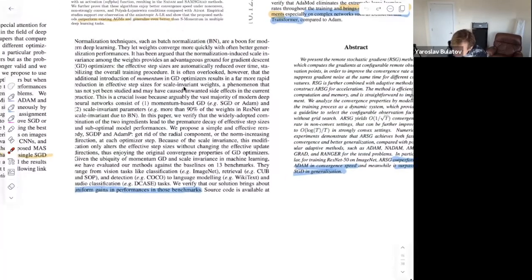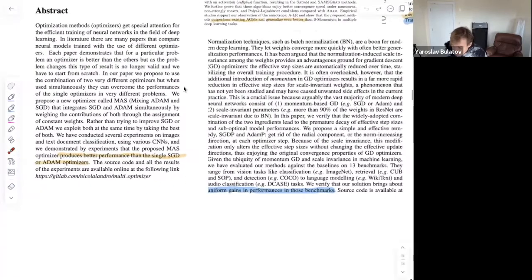Here is a claim which is especially useful if you pay attention. They bring about uniform gain in performances. One issue with optimizers is sometimes it's easy to get an optimizer which is better on a specific task, but uniform gains means it's better on all tasks. If you have a classic optimizer which is uniformly better, it's definitely something that should be used.